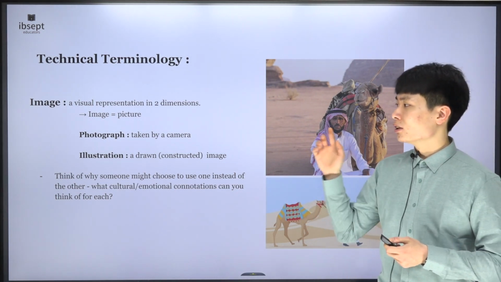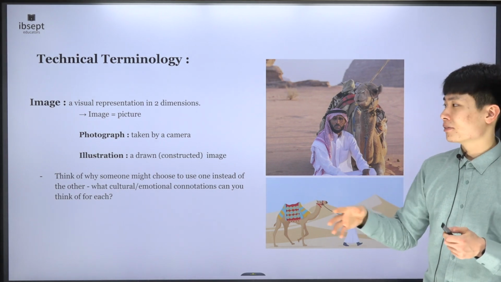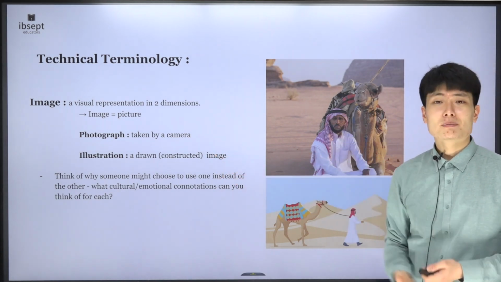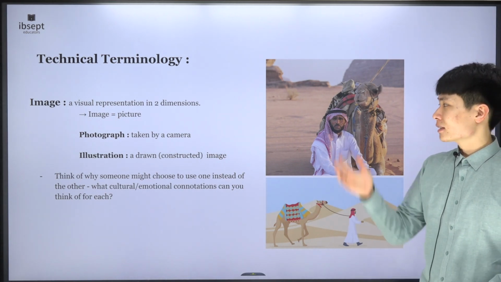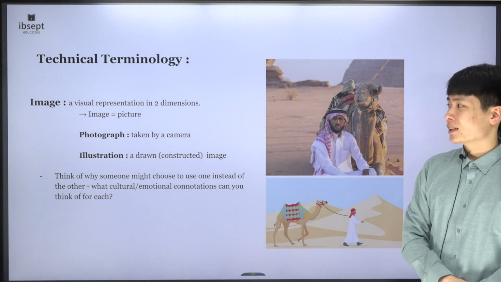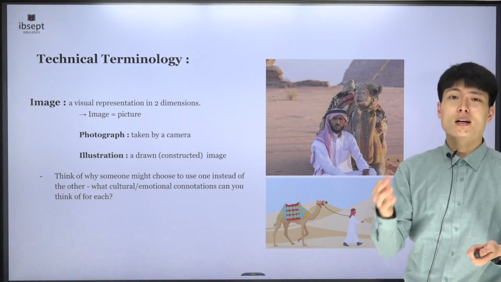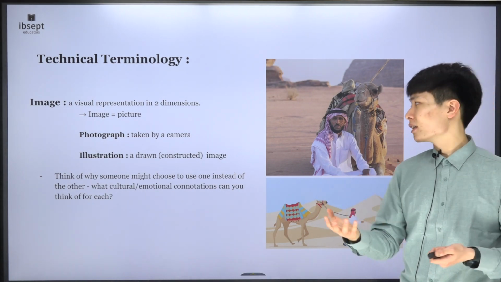But what you do want to know the difference of is between photographs and illustrations. A photograph is a picture, an image that has been created by a camera or any other similar photoelectric device.